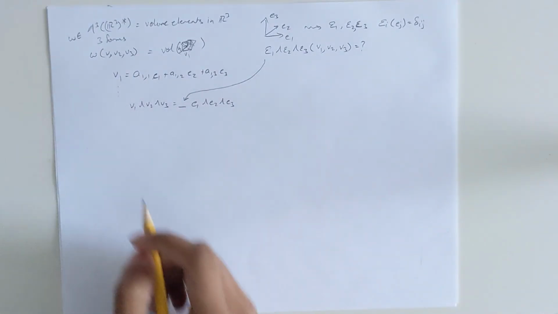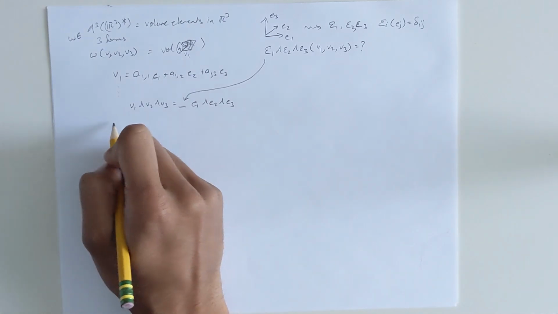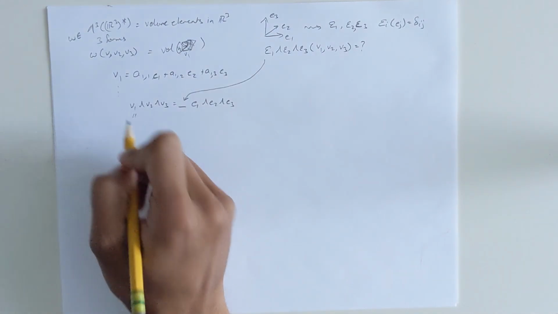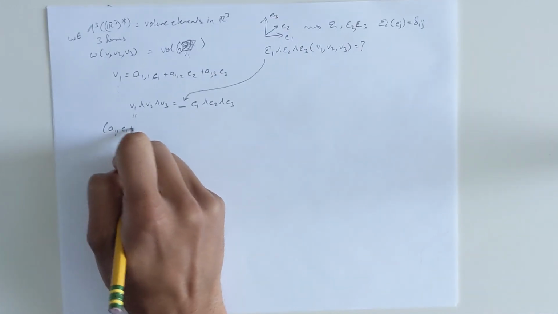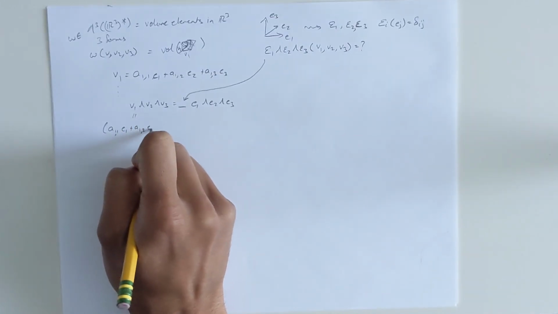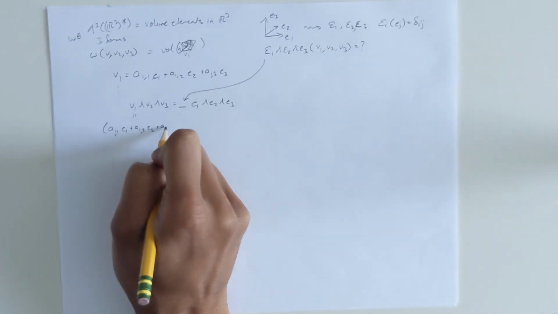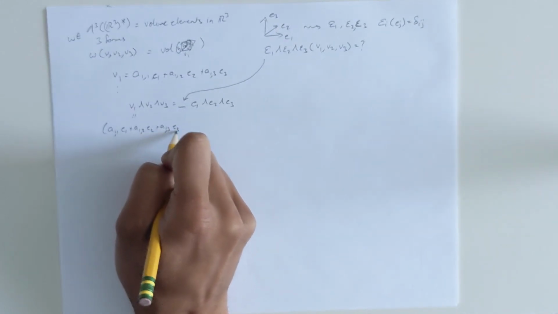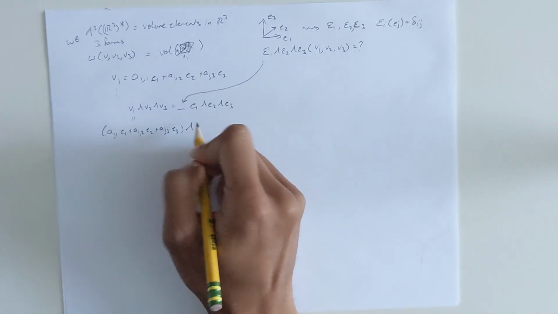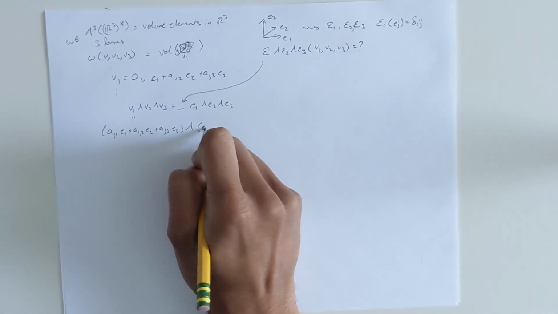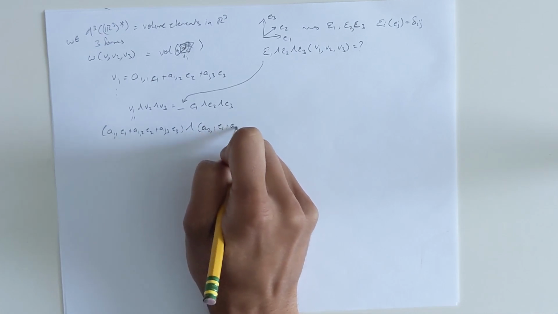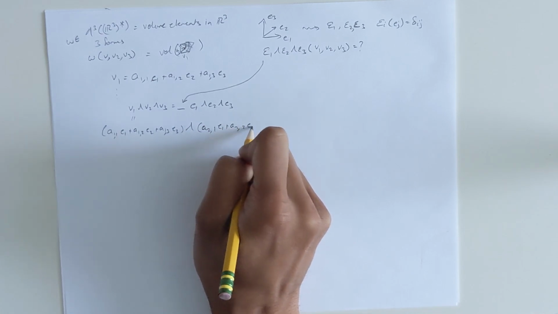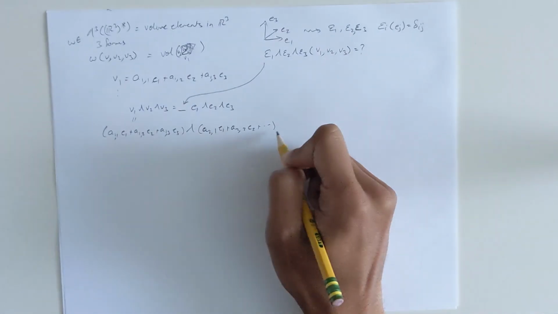In order to figure out what that is, what we did was we said, okay, well, let's rewrite this guy, expand it all out. So this would be A11 E1 plus A12 E2 plus A13 E3. So that's V1. And then you wedge it into A21 E1 plus A22 E2 plus the E3 term.